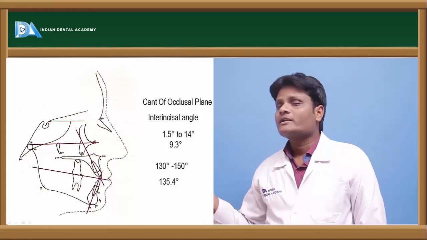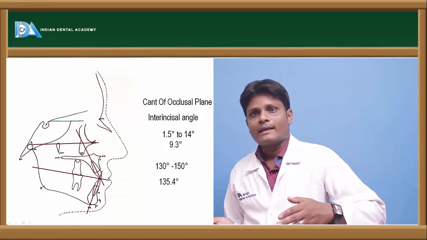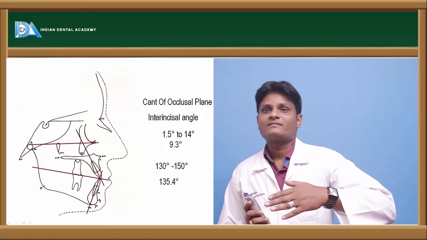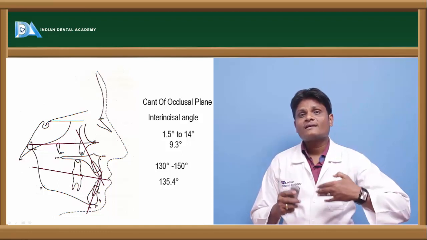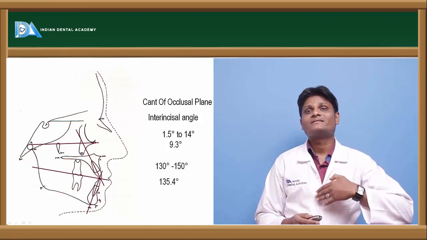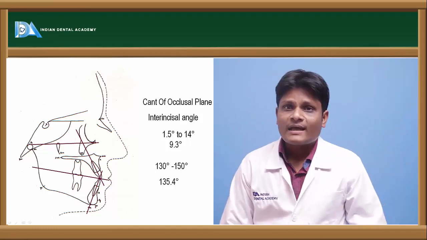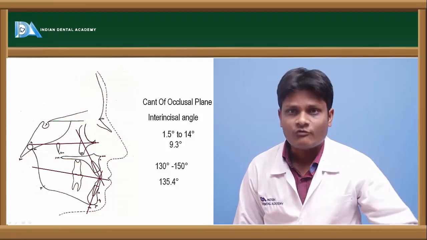The range is 130 to 150 degrees. If the interincisal angle is more than average, it indicates the teeth are almost upright. If the interincisal angle is less than average, then it indicates the teeth are severely proclined or flared.